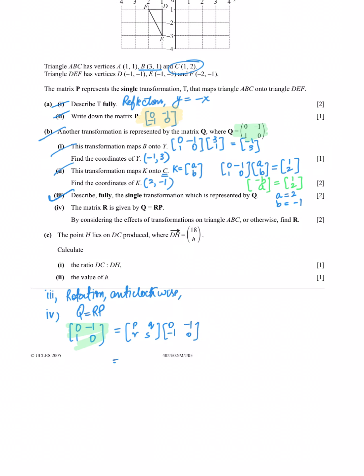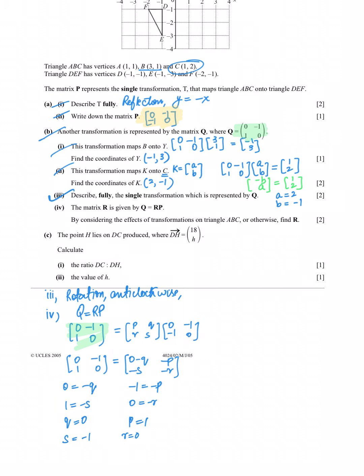Now we can start multiplication on the right side. So P into 0 is 0, minus Q, P into minus 1 is minus P, R into 0 is 0, minus S, and that will be minus R. And on my left side I have 0, 1, minus 1, 0. Now I can equate. So 0 equals minus Q, minus 1 equals minus P, 1 equals minus S, and 0 equals minus R. So I can say that Q is 0, P is 1, S is minus 1, and R is 0.